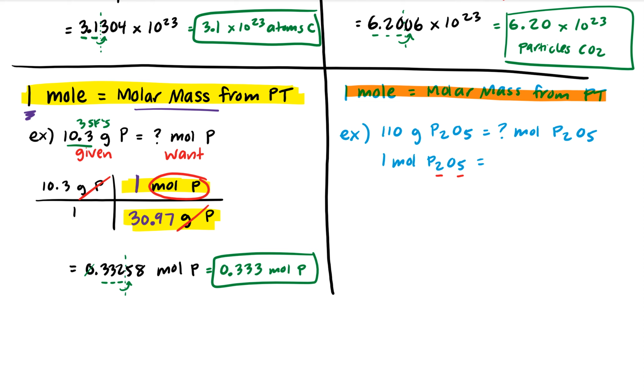So the molar mass of P2O5 is going to be the mass of 2 phosphorus plus the mass of 5 oxygens. So we're going to do 2 times the mass of phosphorus plus 5 times the mass of the oxygen. So it'll be 2 times 30.97 from the periodic table plus 5 times 16.